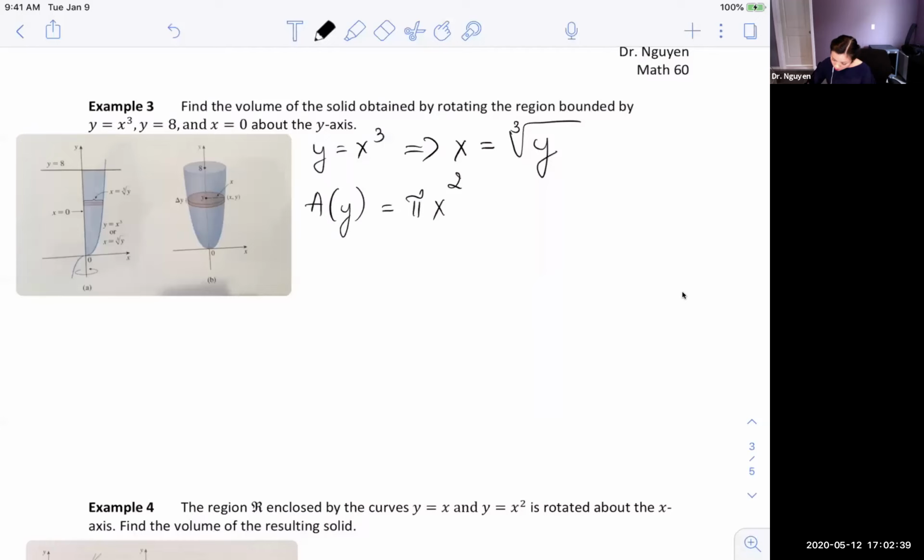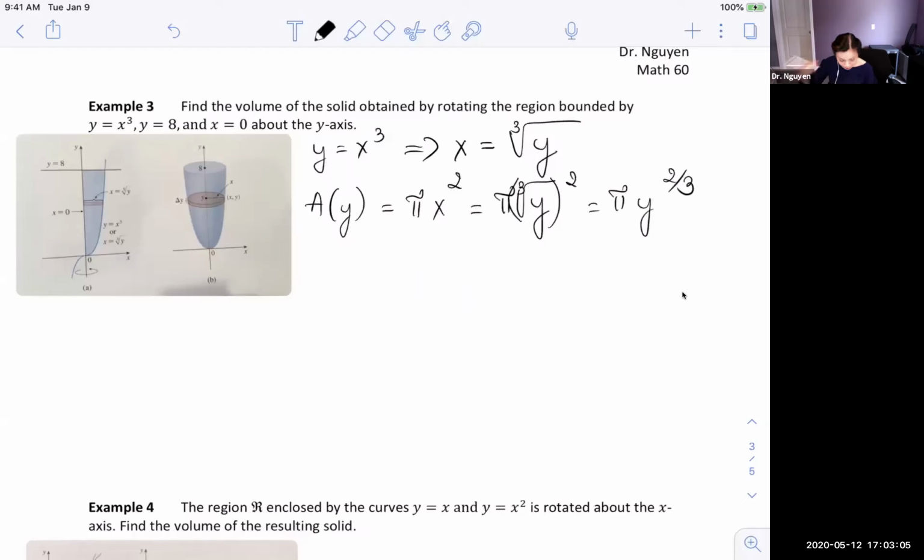Now, we got that x equals the cube root of y, so I'm going to change it in terms of y. It's going to be the cube root, and then I square it, so it's going to be pi y to the 2/3.